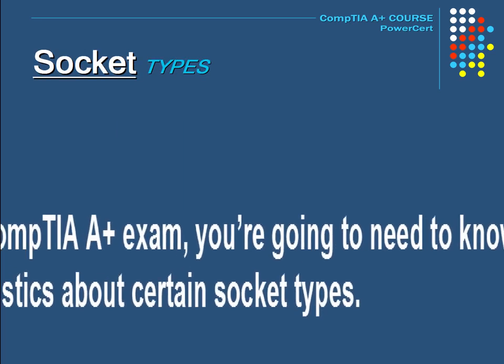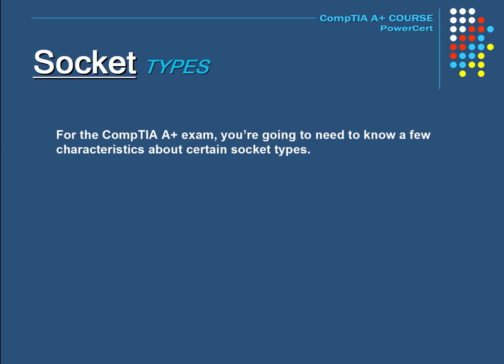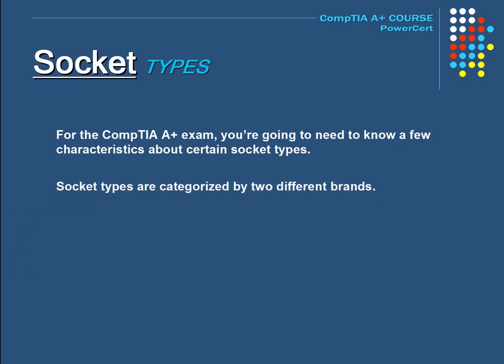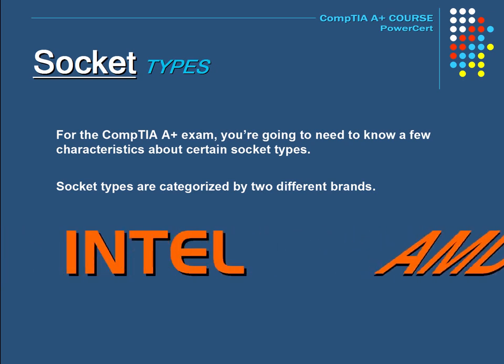For the CompTIA A+ exam, you're going to need to know a few characteristics about certain socket types. And these socket types are categorized by 2 different brands: there is Intel and there's AMD.